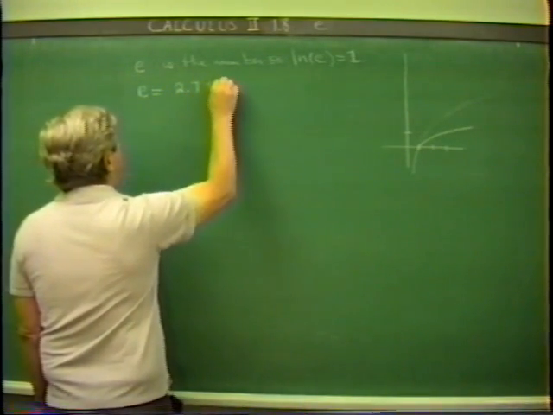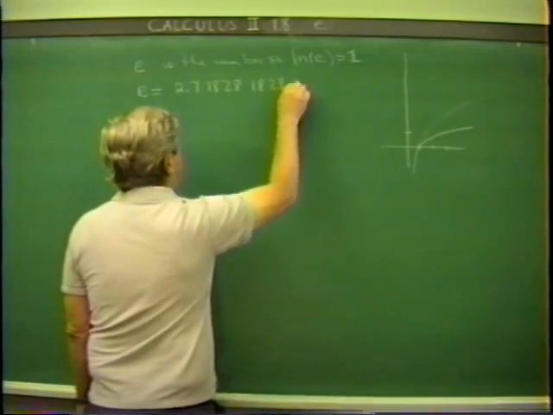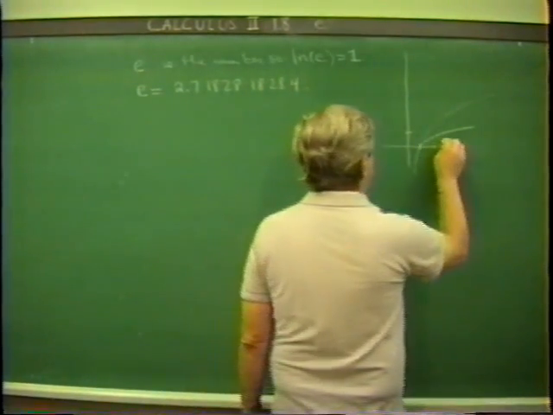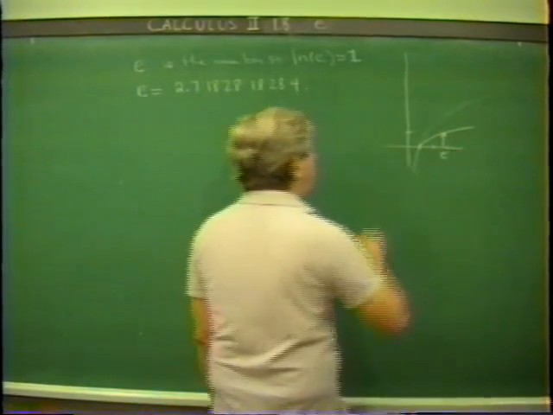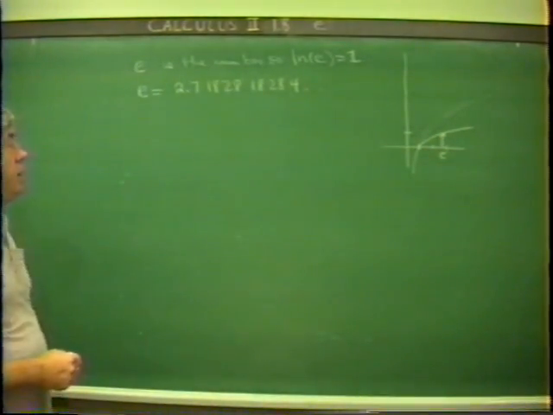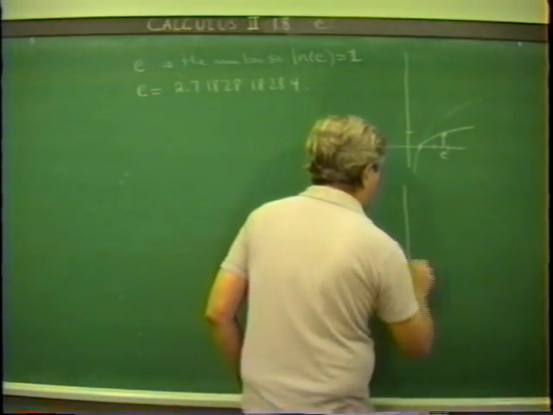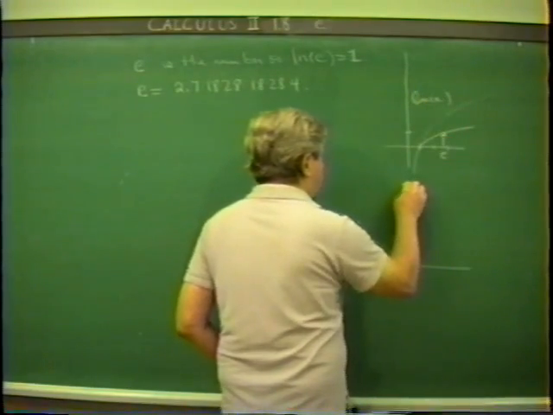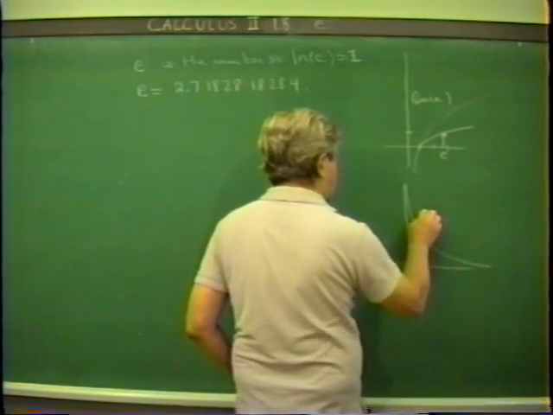And in fact, e turns out to be equal to 2.71828188284, and this continues. It's not a rational number. So e is going to be the number here so that the natural logarithm of e is equal to 1. And you can see this is ln of x.